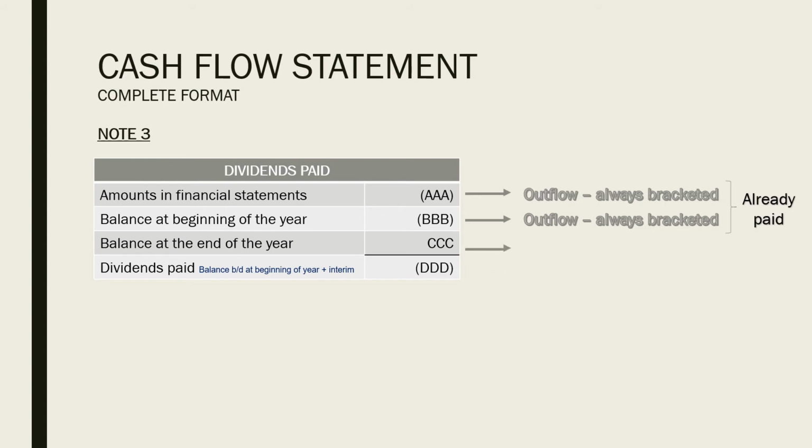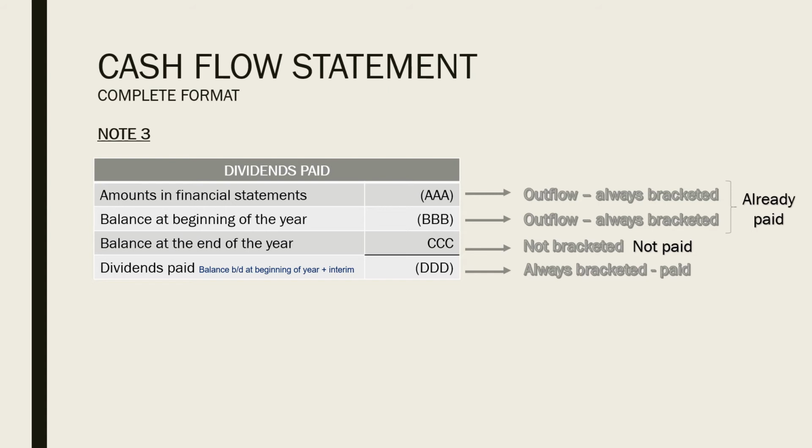We then add the balance at the end of the year, which will not be bracketed because it has not been paid yet. And that will ultimately give us the dividends paid during the year, which will always be bracketed because it is paid. Anything that is paid constitutes an outflow of cash.